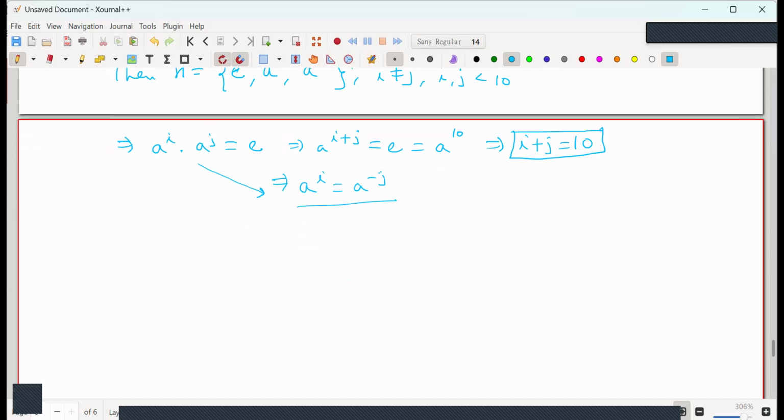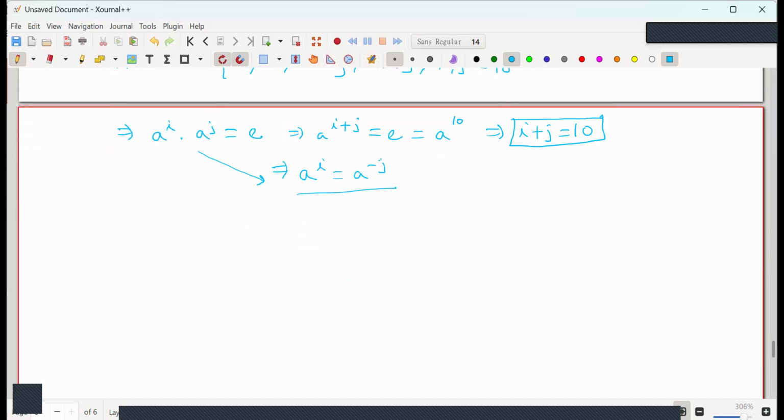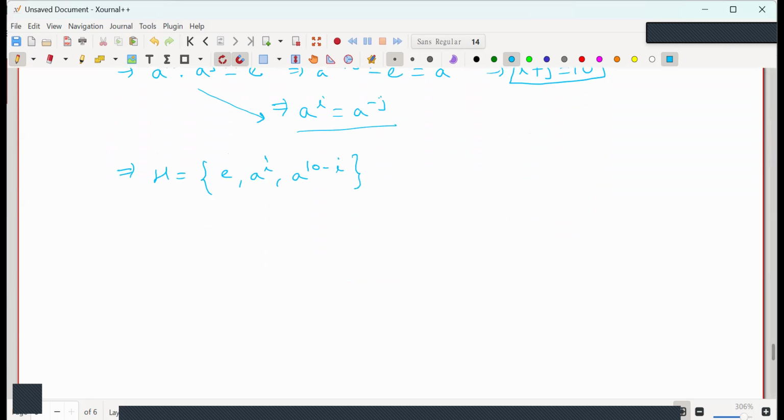Now this says that i plus j is equal to 10. So j is just 10 minus i. So this implies your H is identity, a^i and a^(10 minus i). Correct? Now a^i squared, which is a^2i, should also be inside H. So then again, there are possibilities.